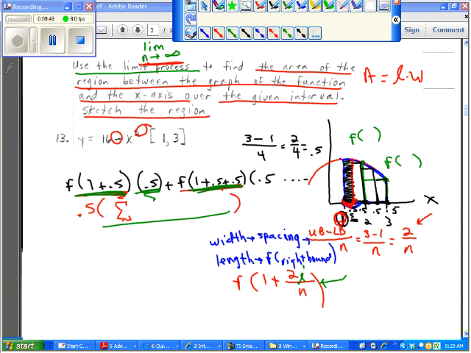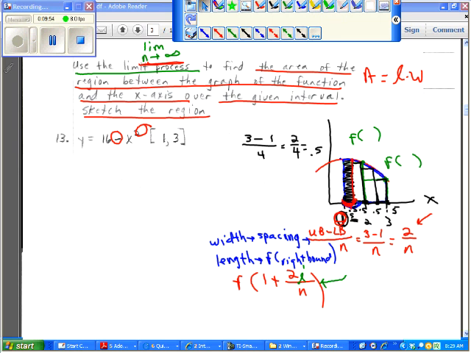Okay, so let's apply that then to the limit as n approaches infinity and the summation. So what we're going to have is the limit as n approaches infinity of the summation of all of those rectangles. Now, my counting mechanism is I, and it's going to run from 1, where I add that gap once, to the number of rectangles, and the number of rectangles is going to be infinity, okay?